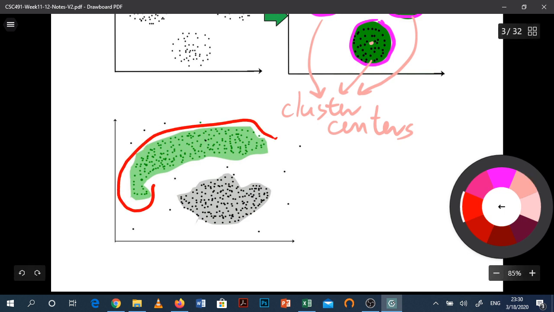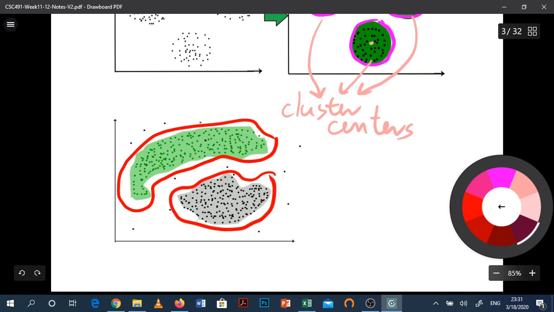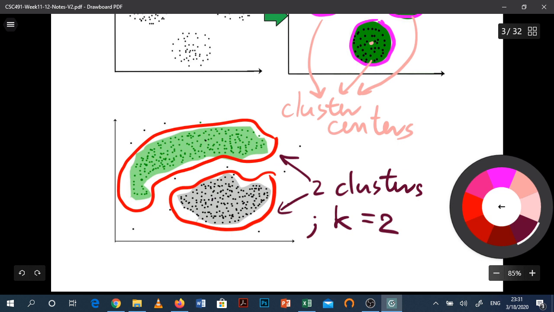It can be non-round or non-spherical as well. In this example, you have two clusters, or, as people often refer to it, the parameter k, or k equal to 2.